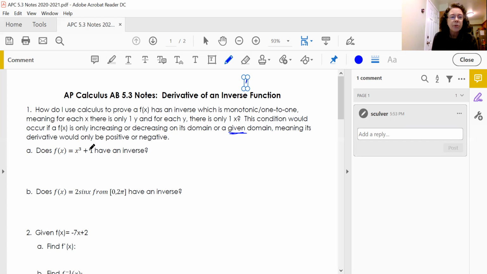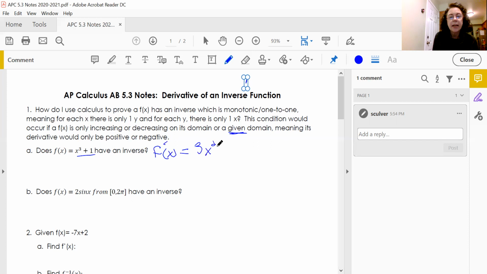Does f of x equals x cubed plus 1 have an inverse? Well, if you graphed it, you would see that it does pass a horizontal line test. You know what x cubed plus 1 looks like. So yes, its inverse is a function. But what else could we do to check that using calculus? We can actually take the derivative of the function, which is 3x squared.